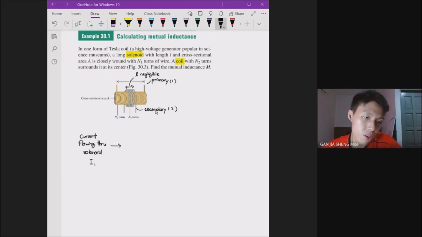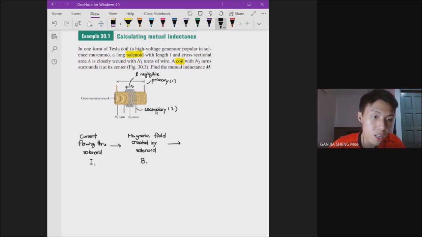Then it will cause a magnetic field created by the solenoid. You have current flowing through the solenoid, therefore you have a magnetic field created by the solenoid. So you call this B1. This magnetic field will pass through the secondary coil.